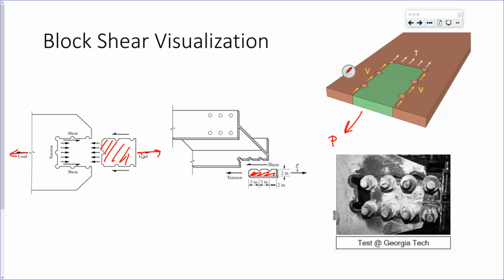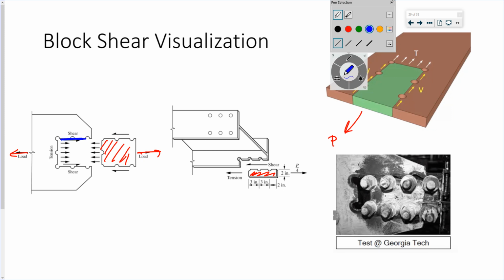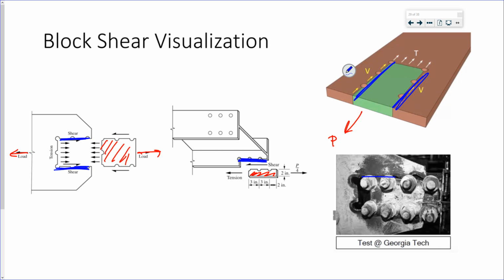Here's an actual visualization from a test at Georgia Tech. That's what my block shear looks like. You can see we have shear happening along this plane, this plane, this plane, this plane, this plane, this plane. That's my shear rupture.